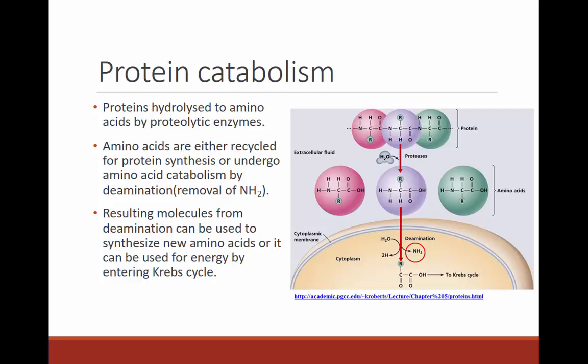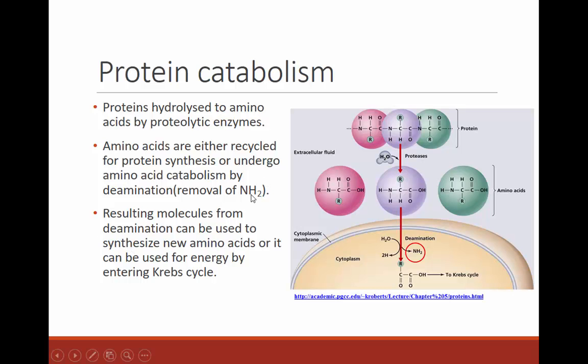And so the amino acids for protein synthesis can be recycled. So if you break down protein, you get the component amino acids. They can be recycled and reused to make new proteins. Or they can undergo hydrolysis as well. So you get deamination, which means you remove that amino group.